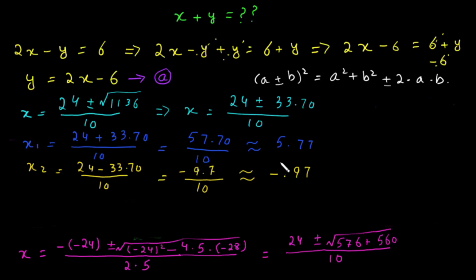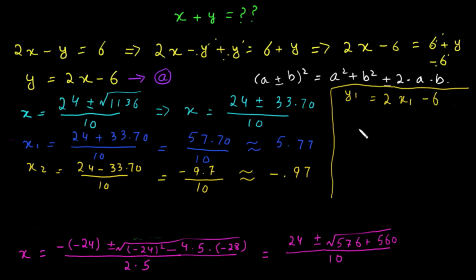Now as we have two values for x, let's find their partners, the y values, and to do so we will use this equation. So y sub 1 will be equal to x sub 1 minus 6.